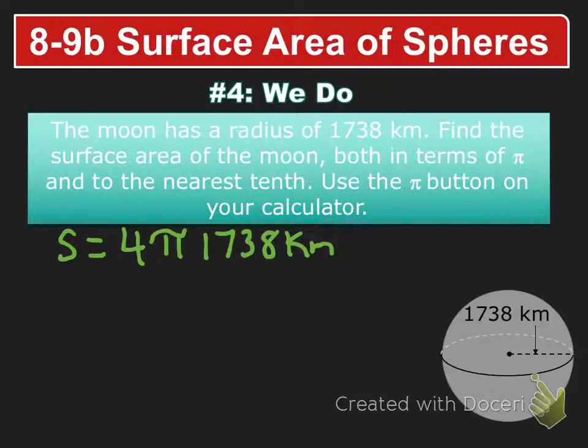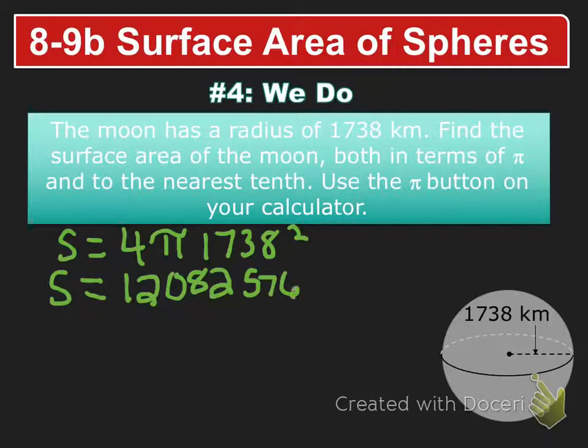And then, we don't need to put the kilometers, but we need to square that. So it's going to be 4 pi 1,738 squared. So take 4 times 1,738 squared, and you will get 12,082,576 pi kilometers squared.